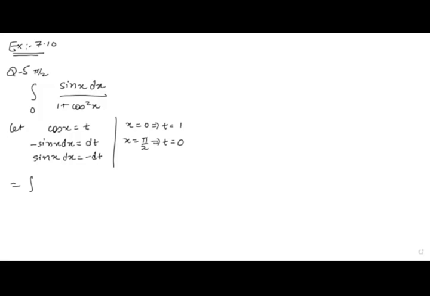So this time it will be from 1 to 0, minus dt upon 1 plus t square. We'll take this minus outside and this will be dt by 1 plus t square.